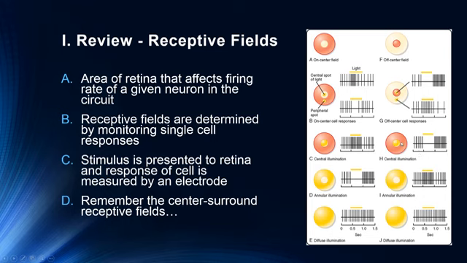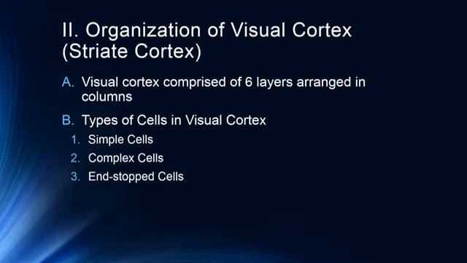If we put it in the center of an off center field, it's going to reduce the firing rate of that neuron. If we illuminate the annulus, it's going to reduce the firing rate of this on center and increase the firing rate of this off center. And then if we do diffuse illumination, it's really not going to change the firing rate all that much. Now this is going to become important when we start talking about how simple cells start recognizing features of objects.